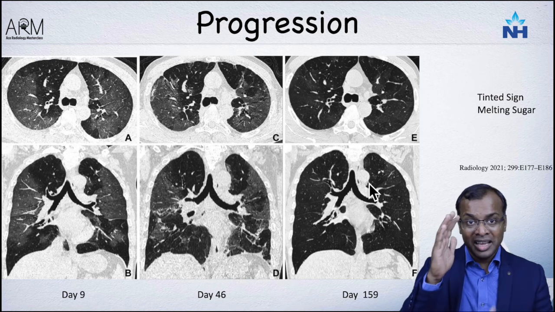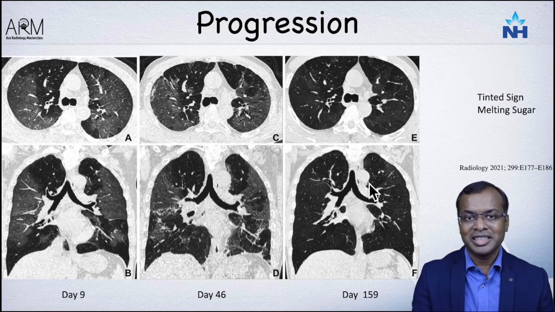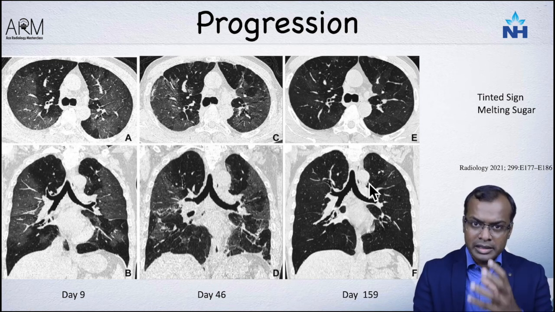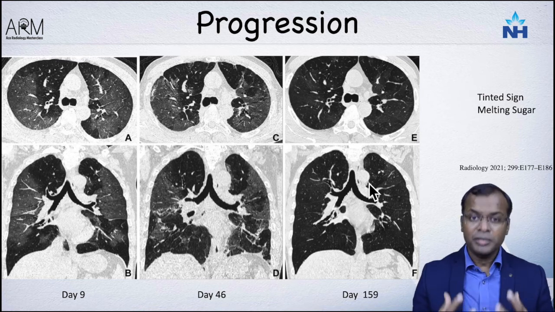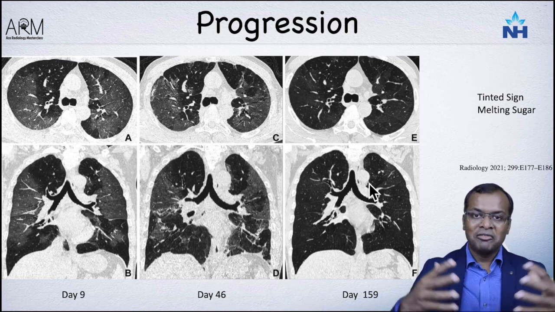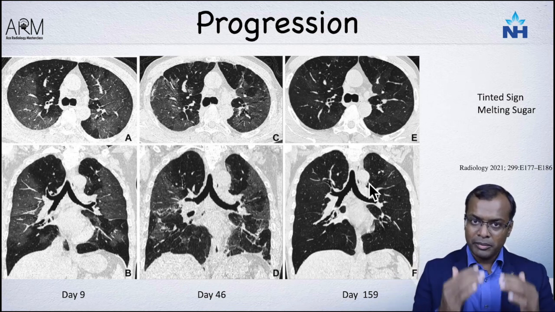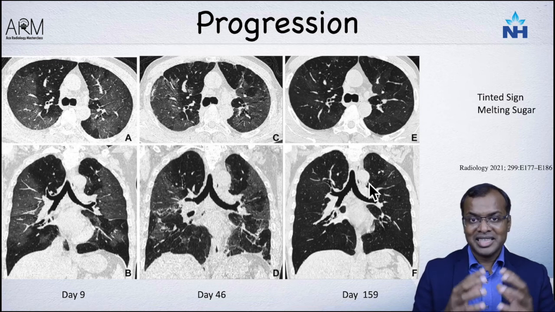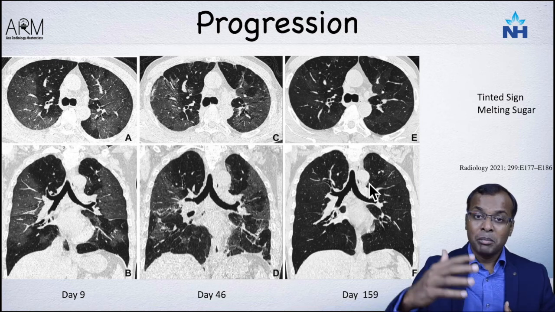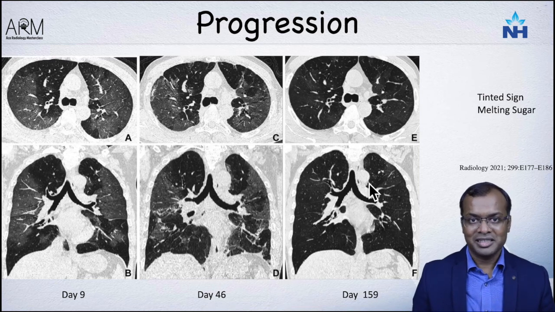This sign of reduced density but increased area of involvement is called the tinted sign or the melting sugar sign. This is suspected to express the fact that the inflammation has gone down, but the alveoli have now started to expand. So, reducing inflammation, so the density goes down. Alveoli have started expanding, so the extent of ground glass has increased.